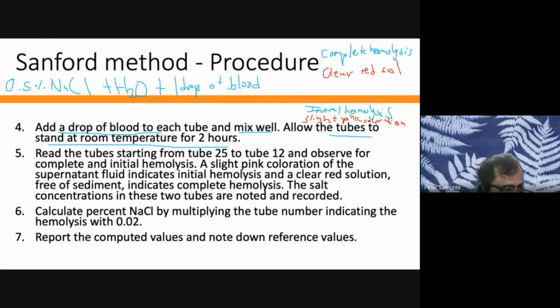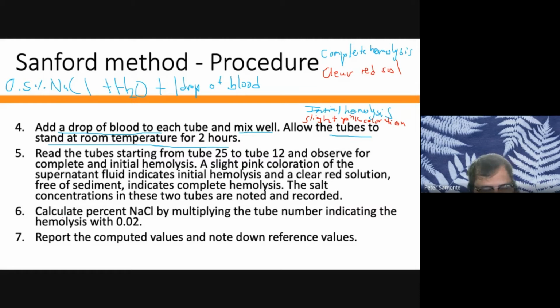Again, complete hemolysis is characterized by a clear red solution, while initial hemolysis is characterized by a slight pink coloration. So for each tube, class, you read it. From tube 25 to tube 12, you're going to look for complete hemolysis.